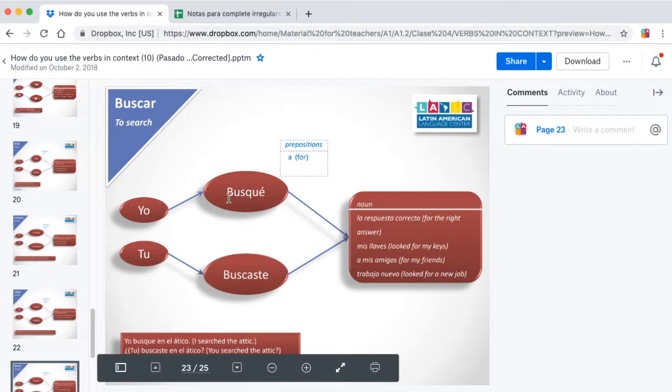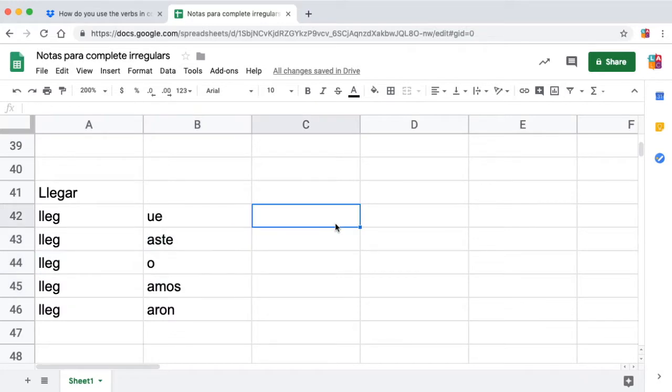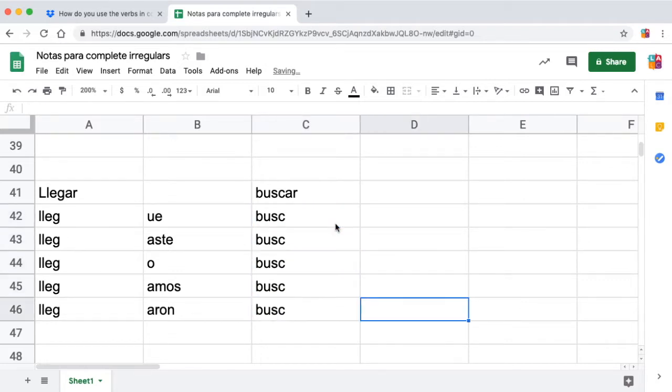And then busqué. If you don't put this QU that you would think is weird, then it would sound like busé. Look, buscar means to search for. Let me just do the stem, right? Busc is regular, okay? So yo busc, tú busc, and then you use aste, ó, amos, y aron.